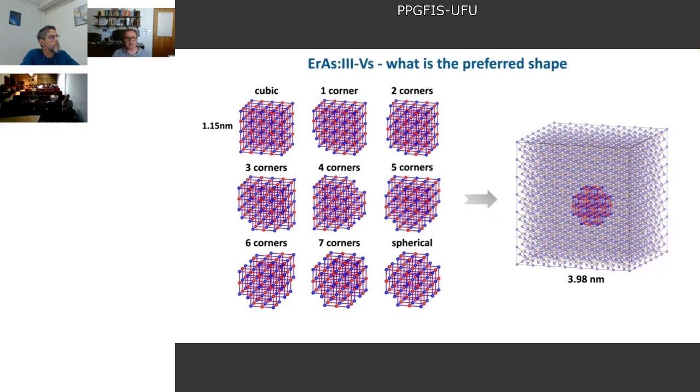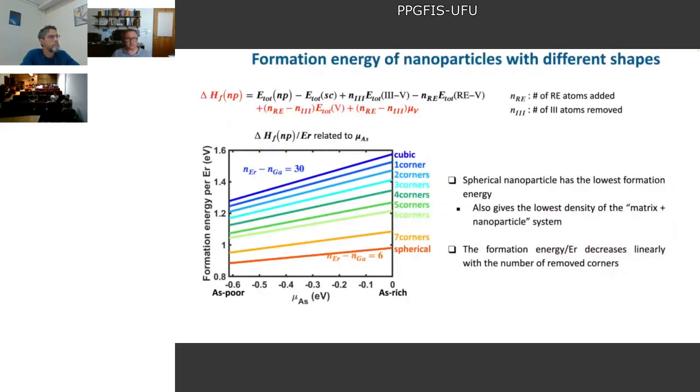So we started putting them together. We first looked at the energetics of the particles, considering more or less the same particle size but different shapes. We started from cubic and started cutting corners until we got spherical, using a fixed, very large supercell as a matrix. And we find that the formation energy per erbium decreases as you go from cubic to spherical.